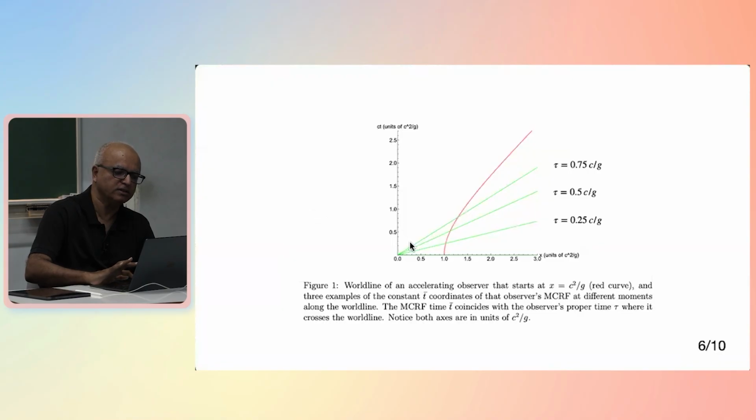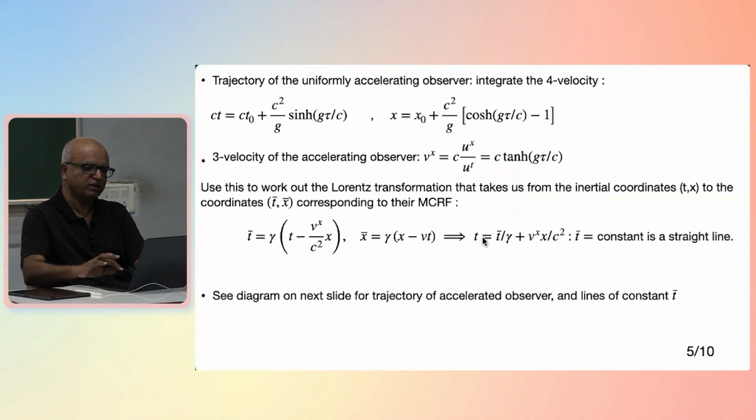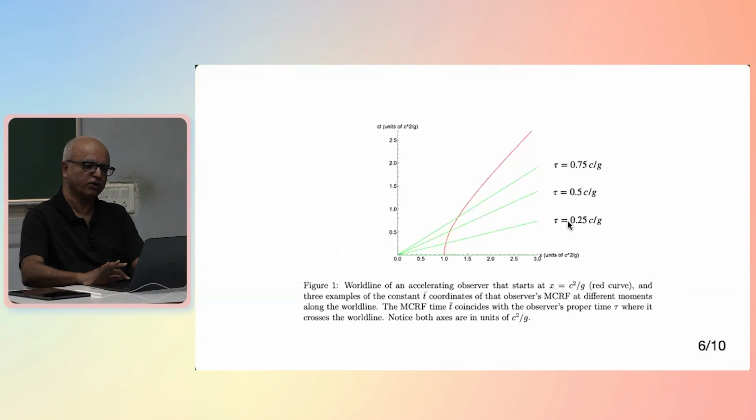And these straight lines are lines of constant t bar. Okay? And so how did you find t bar? T bar depends on the straight line, the slope is given by Vx by c square, and Vx is tan hyperbolic of tau. So if you choose a value of tau, you will know the slope of the line. That is what is being shown here.